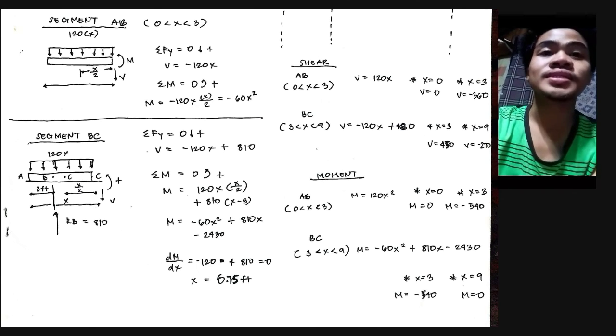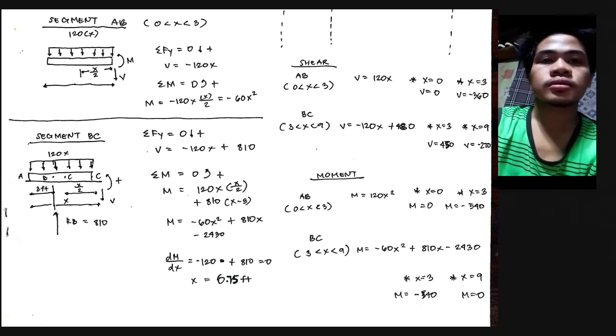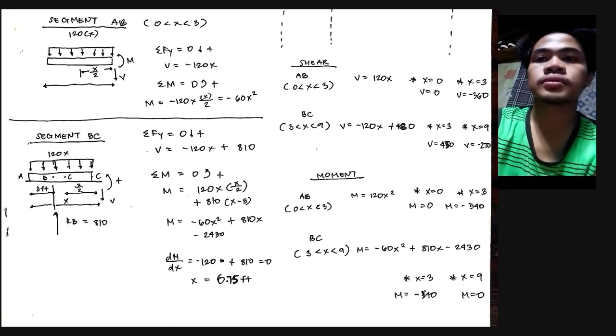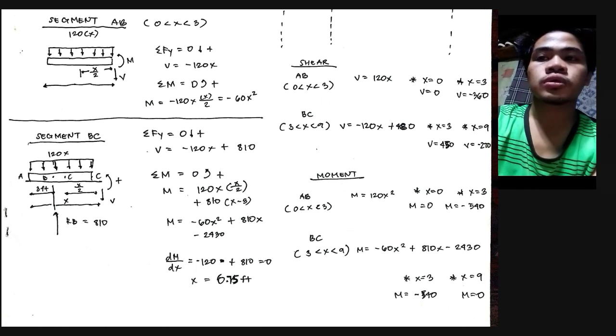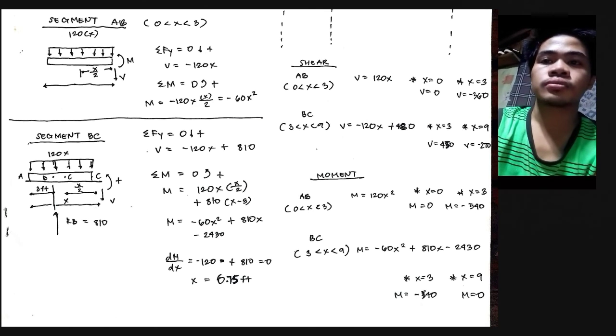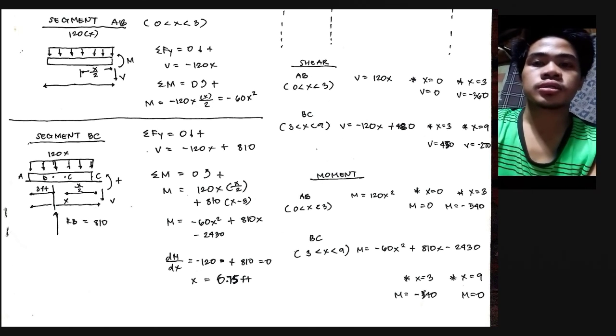For the segment BC, okay, here we have the total given diagram, where the length is set as x, and given the load 120x, we also have the reactions RB and RC here.